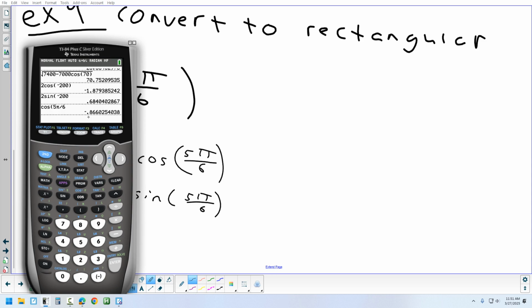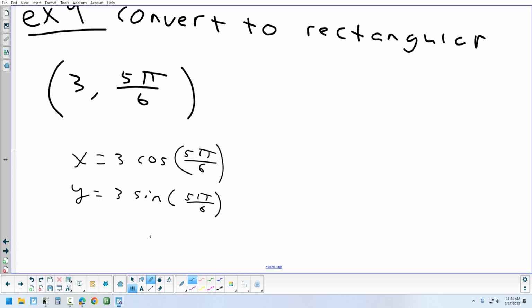It has a square root in it. It's not root 2 over 2, because that would be if this was a 45. So it's root 3 over 2. Okay, you need to put a negative in front of it, so cosine of 5 pi over 6 is negative root 3 over 2.